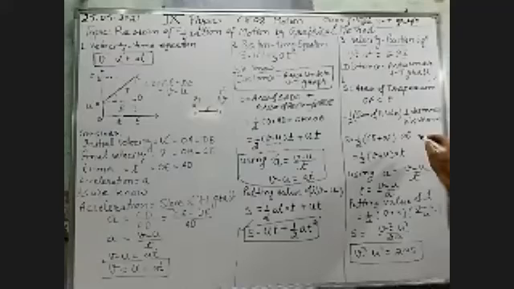So using this identity, V plus U into V minus U gives V square minus U square, divided by 2 into A. Just by cross multiplication, the final result is V square minus U square equals 2AS. This is our required third equation, also known as the velocity position equation.